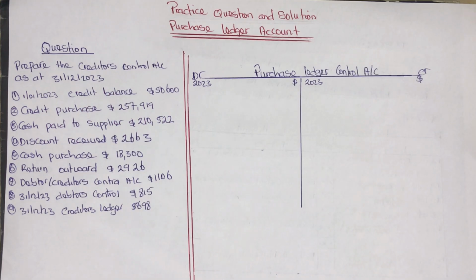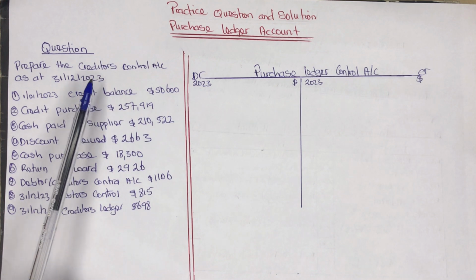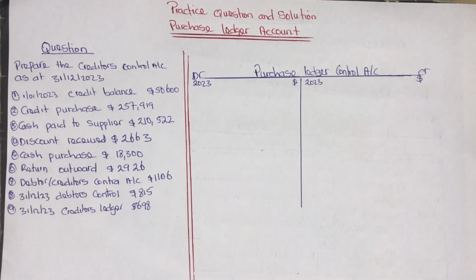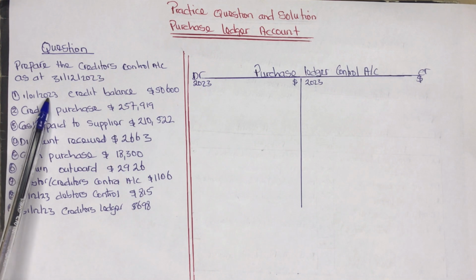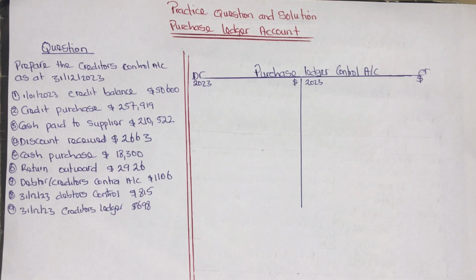So let's look at this practice question and solution. The question says, prepare the creditors control account as at 31st of December 2023. On the 1st of January 2023, credit balance $50,600. Remember, the creditors control account has a credit balance, so the credit balance goes to the credit side of the purchase ledger control account.